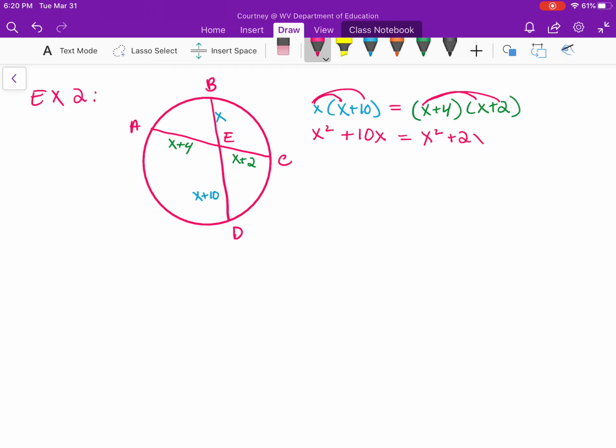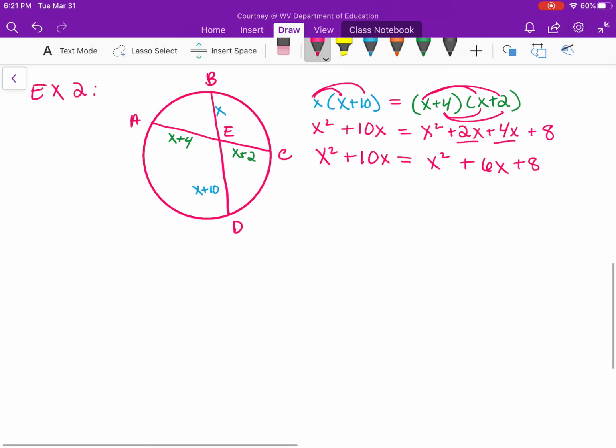The x goes to the 2, which is 2x. 4 goes to the x to be 4x. 4 times 2 is 8. The left cannot be simplified, so just bring it down. On the right, the two middle terms can be combined: x squared plus 2x plus 4x is 6x, and then plus 8.